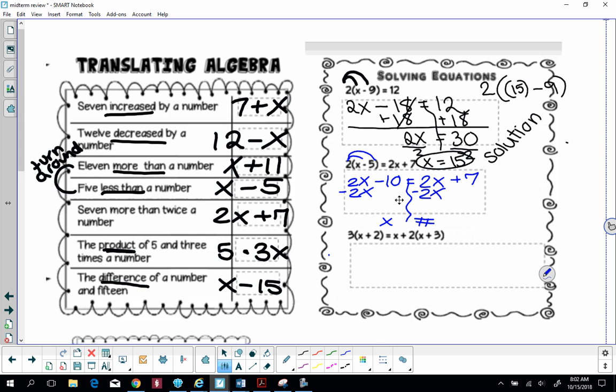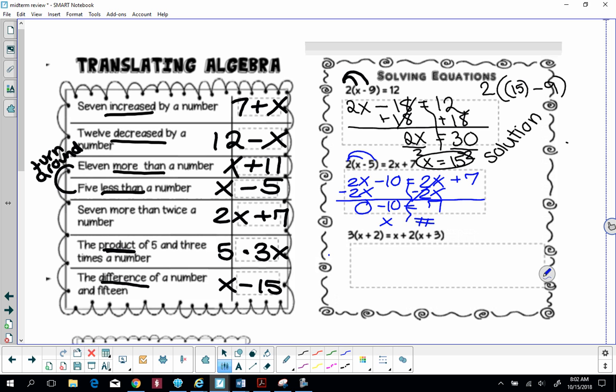So when I subtract, what's 2x minus 2x? What is it? What's 2 minus 2? 0. The biggest mistake I see is you guys leave 0 or leave an x. 2x minus 2x is just 0. Keep 0 there.